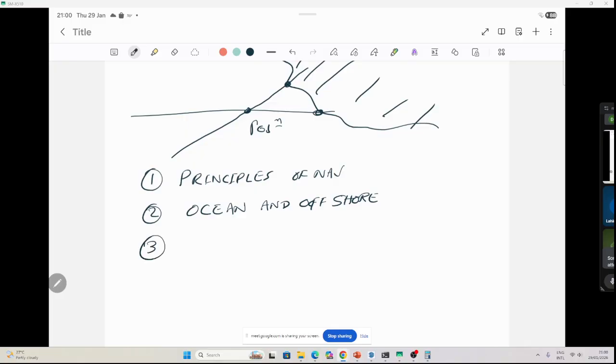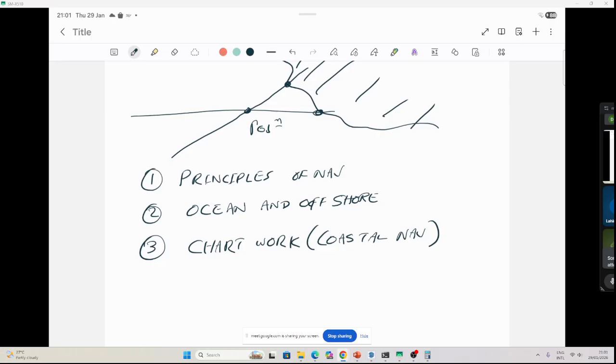Then you have chart work, or we call it coastal navigation, isn't it? But in other countries, all these three come under one subject. Sometimes two subjects, sometimes one subject.